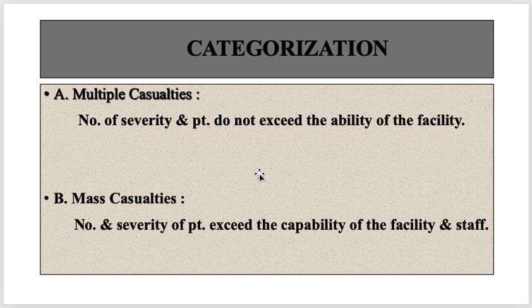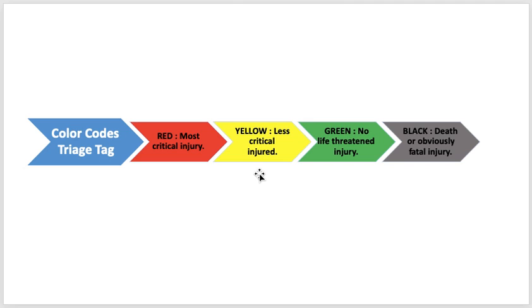They basically categorize the patient: either this patient needs urgent care, or this patient can be delayed for a while. For that, these color codes are used in emergencies. If you want a better idea about this, you must go through something called Manchester triage.